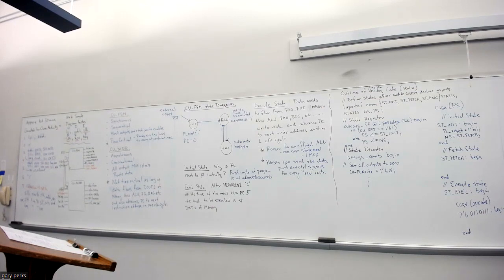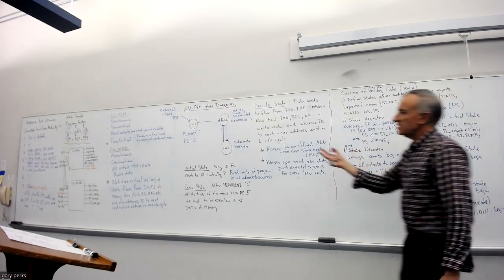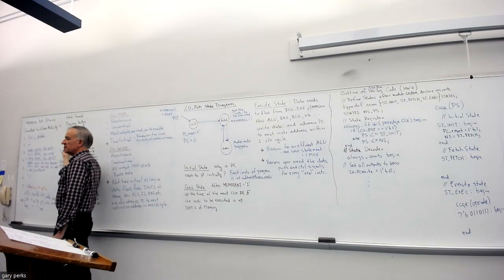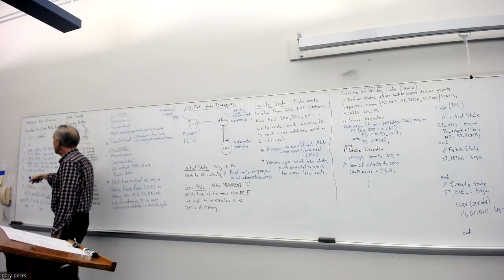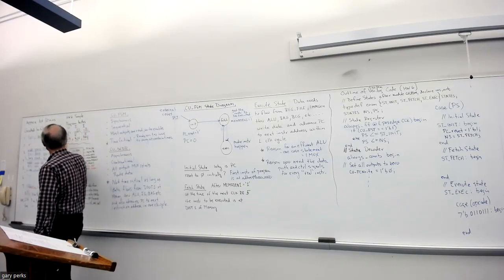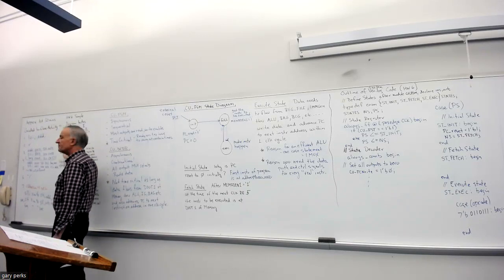Okay. But then when you get to the R type, you've got 2 R type instructions. If you just have the opcode, both of these have the same opcode.